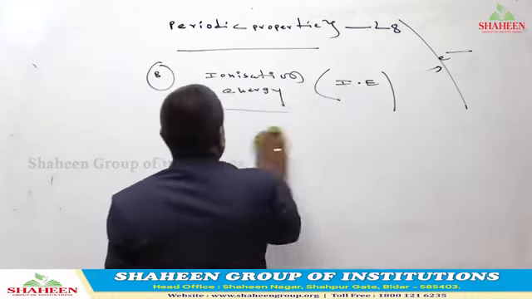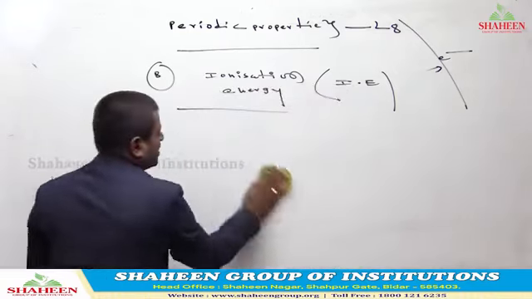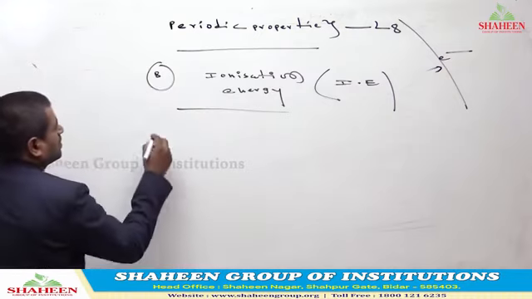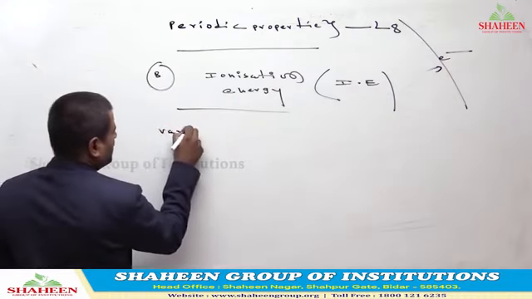Now, variation of ionization energy in groups and periods.